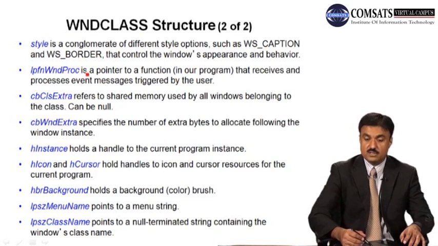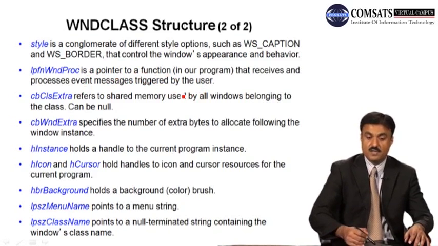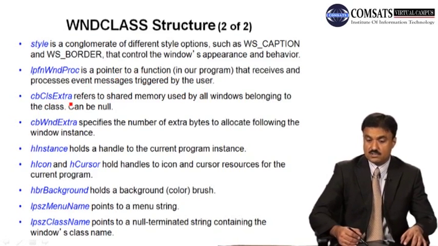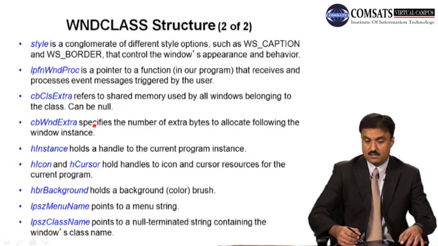Then we have the Windows procedure, which is a pointer to the function in our program that receives and processes event messages triggered by the user and so on. Then we have class extra.